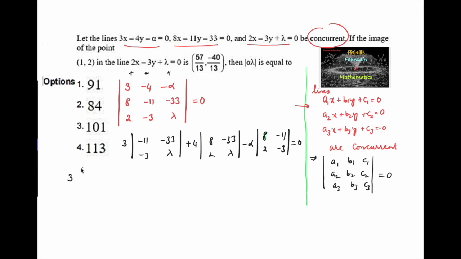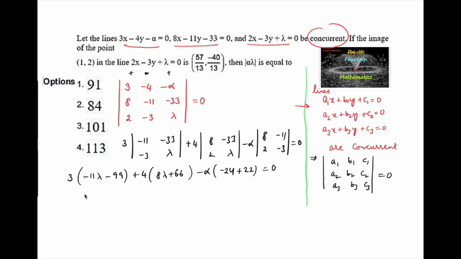So we can write 3 times (minus 11 lambda minus 99) plus 4 times (8 lambda plus 66), and again minus alpha times (minus 24 plus 22) is equal to 0.